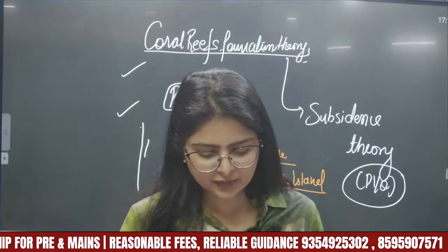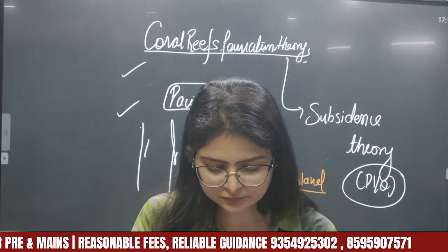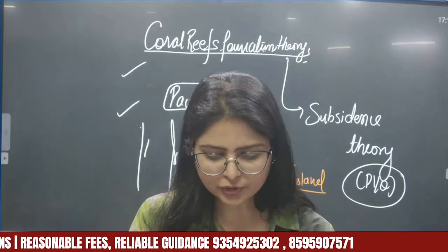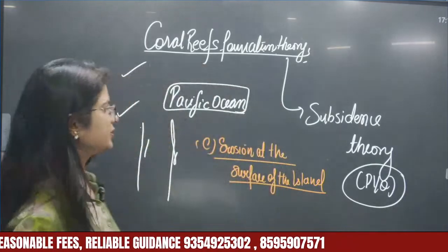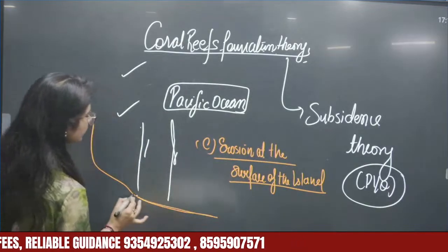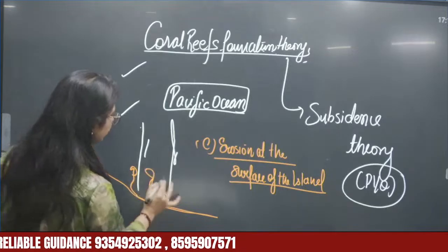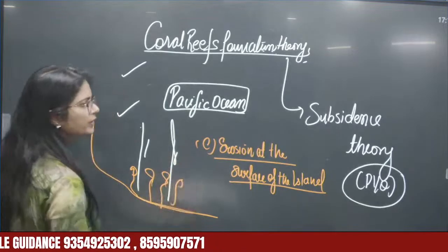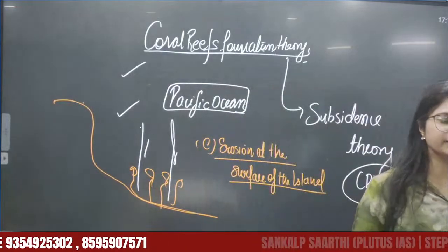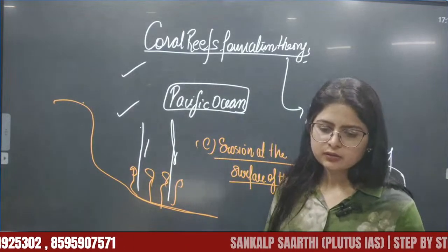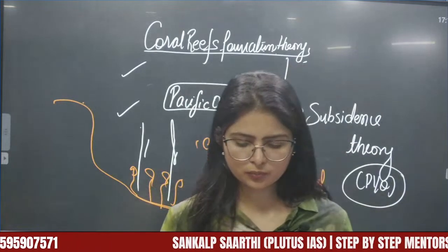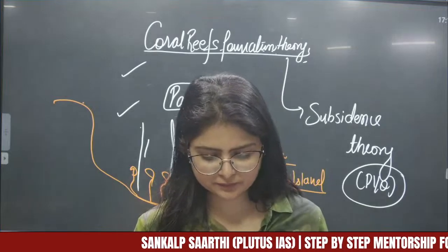Next, as the island sinks, coral reefs continues to go vertically upwards. ऐसा नहीं है कि अगर coral reefs नीचे submerge कर रही है तो they are not growing. They are doing their own work because they have the habit of growing in the shallow waters. So the way they are submerging right down, as the island sinks, coral reefs continues to go vertically upwards. Okay.